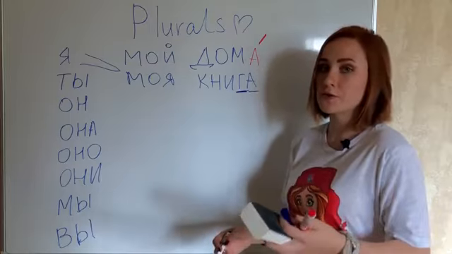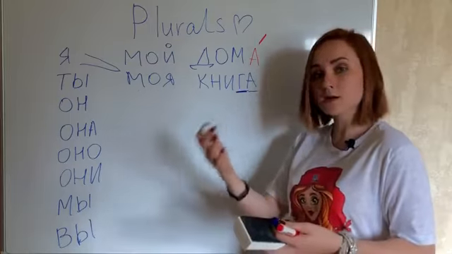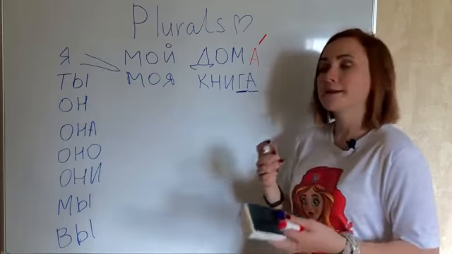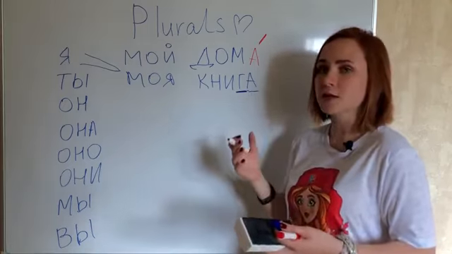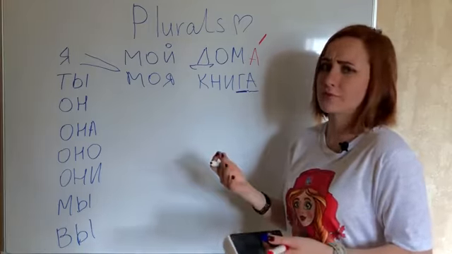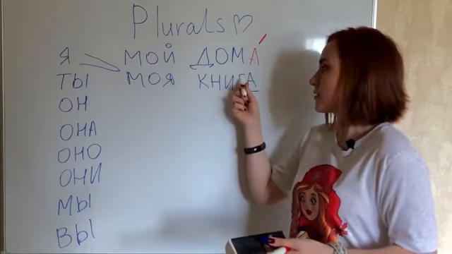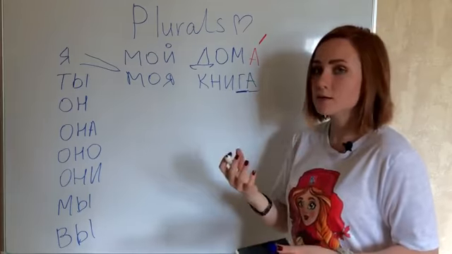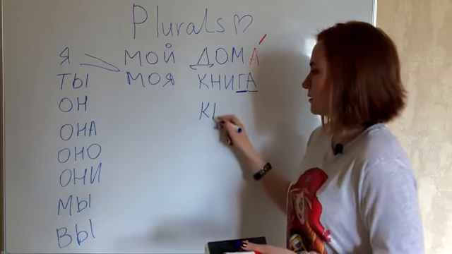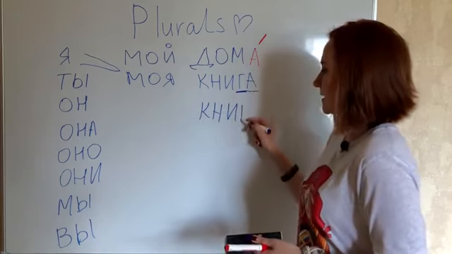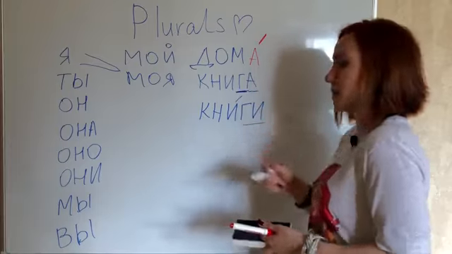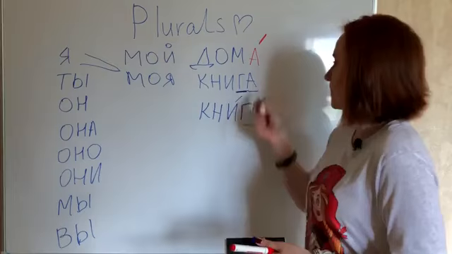Remember, we wrote those exceptions with g, k, h, zh, sh, ch, sh. So g, it's hard to say книгы. For Russians, it's almost impossible to pronounce it. So with the situation with g, you add i. Книги, books, книги, right? Ги, и, книги.